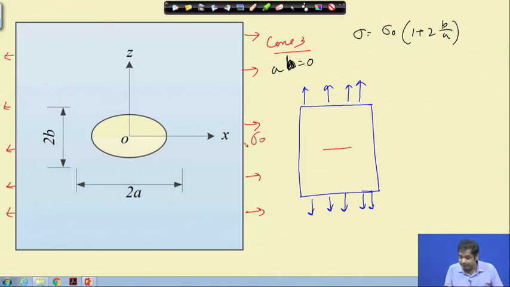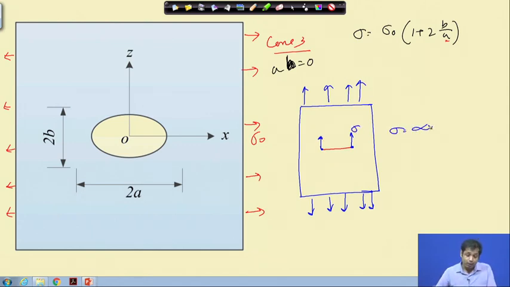Now, if a is 0, then in the other orientation this becomes a crack, and the stress at this point and this point, in this direction and in this direction, becomes infinity.